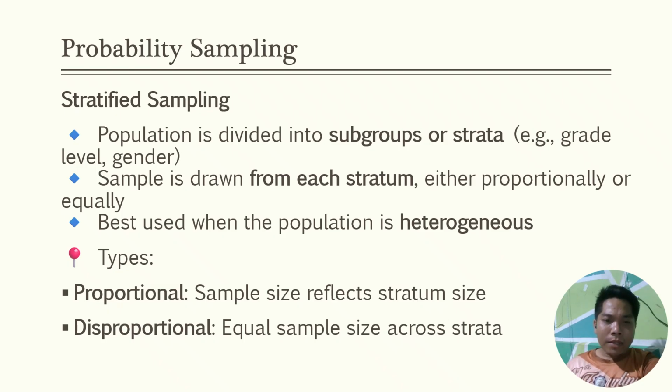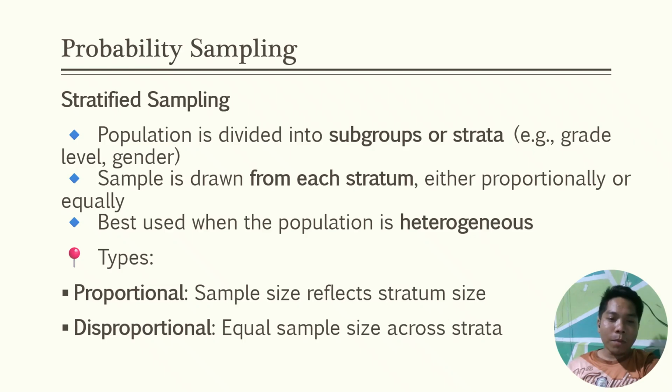Next, a sample is drawn from each stratum, either proportionally or equally. It is best used when the population is heterogeneous, so when there are mixed characteristics within the population, this is the best type to use.